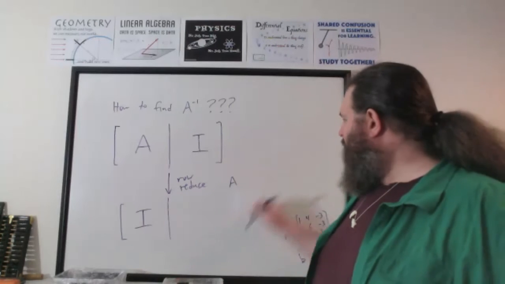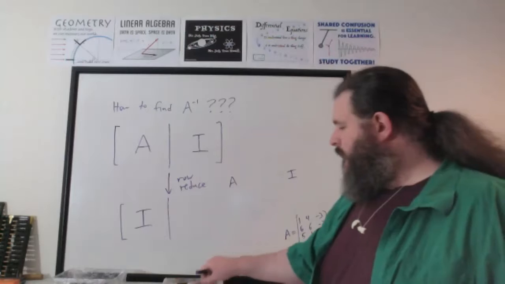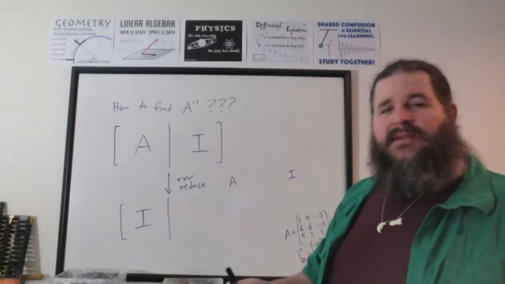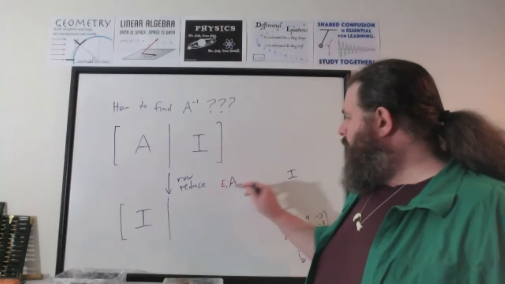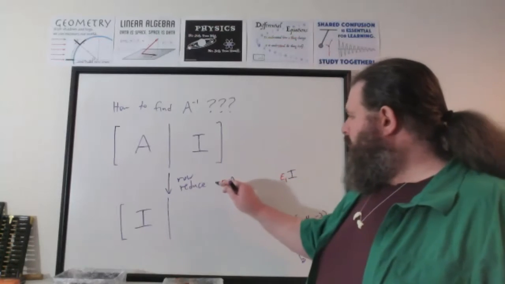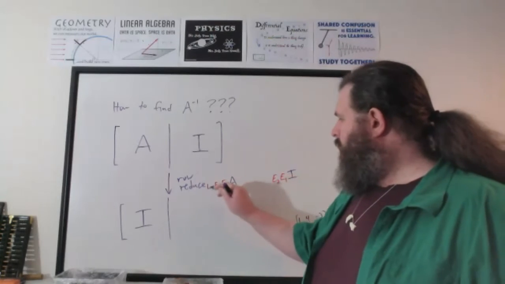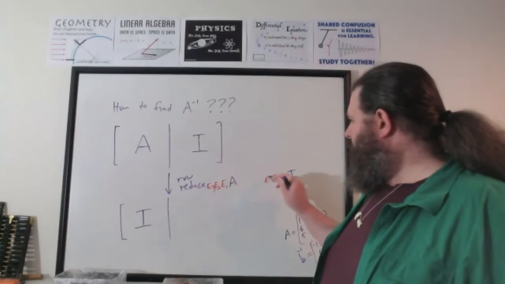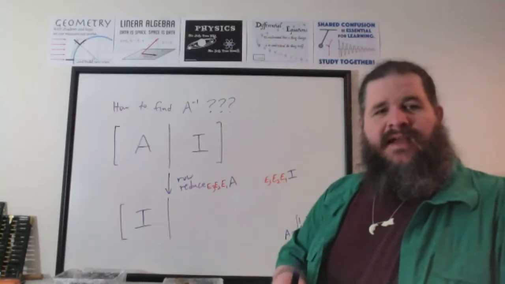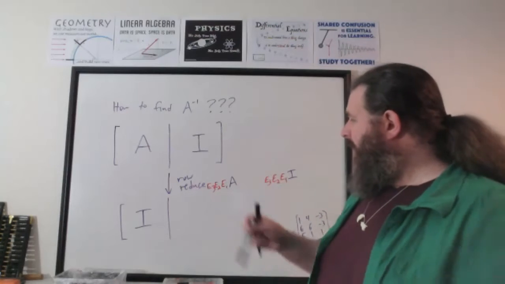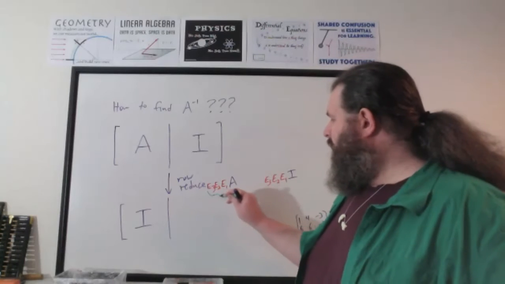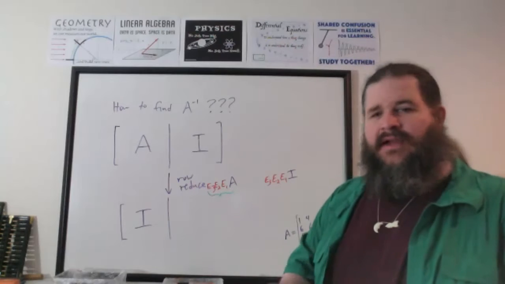So if we take A and the identity matrix, apply the same elementary transformations to each one, and let's say after applying certain steps A ends up canceling out completely to just the identity matrix.